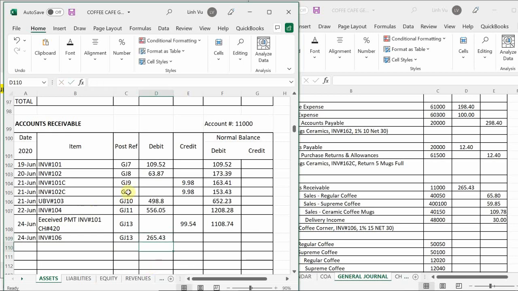So your account balance is going to be 1374.17. Good. And we're going to go to our sales.